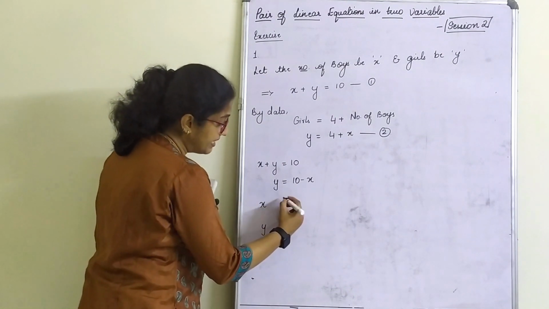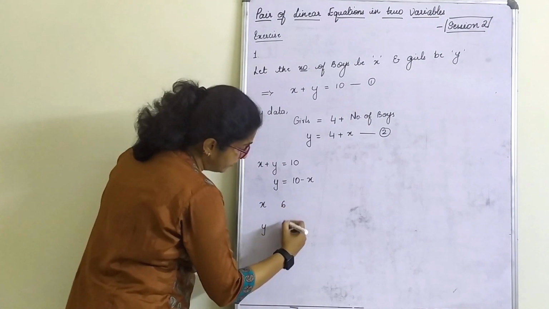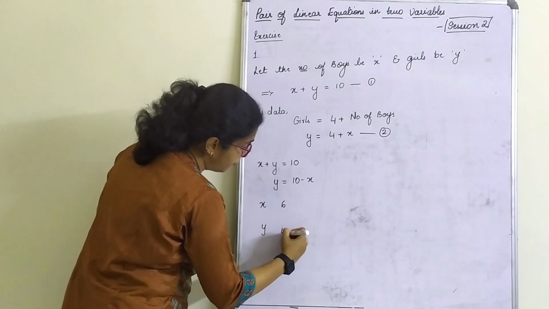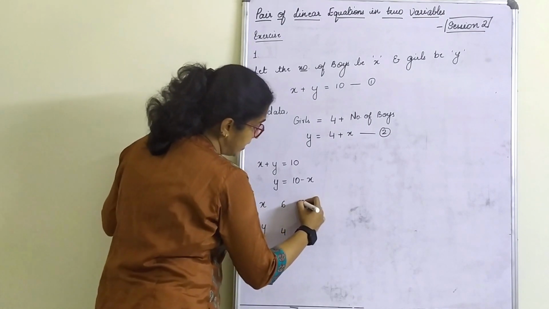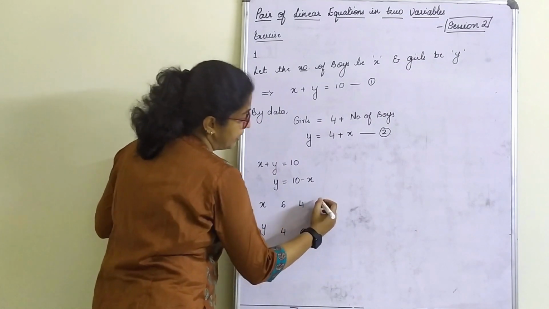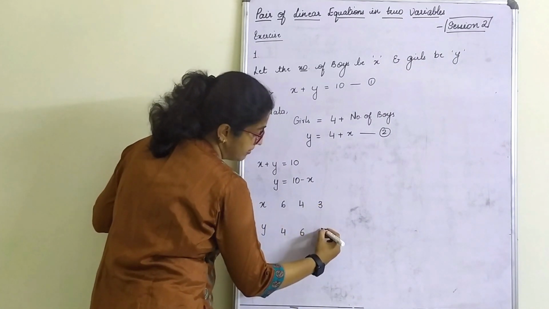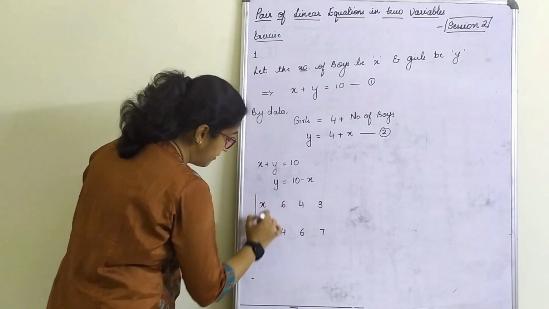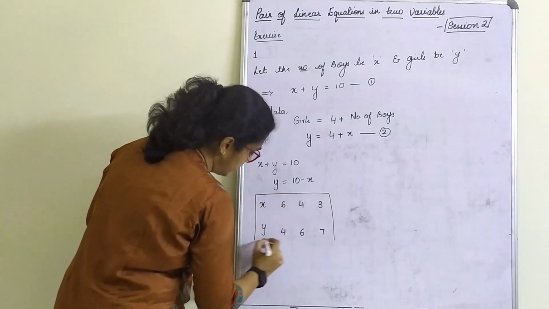So if I take X as 6, Y will be 10 minus 6, 4. If I take X as 4, 10 minus 4 will be 6. If I take X as 3, then 10 minus 3 will be 7. Enough? 3 values.